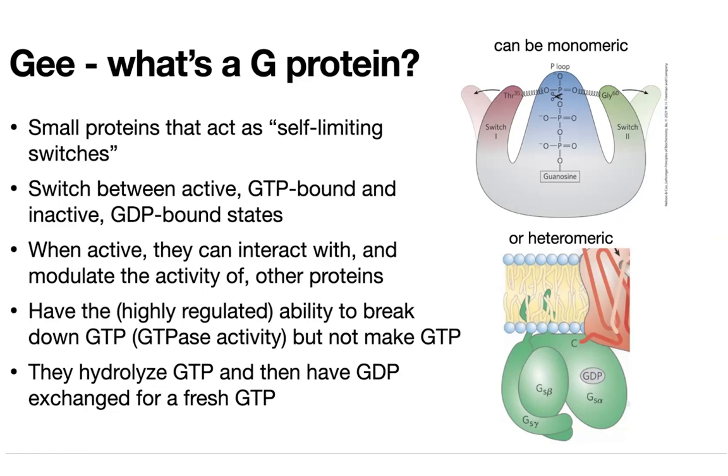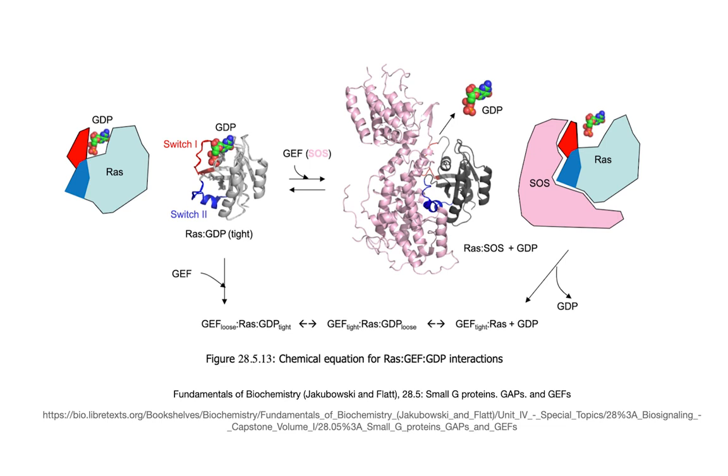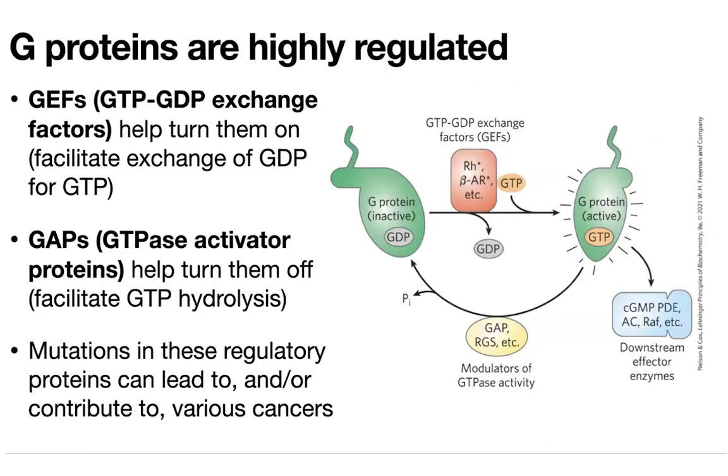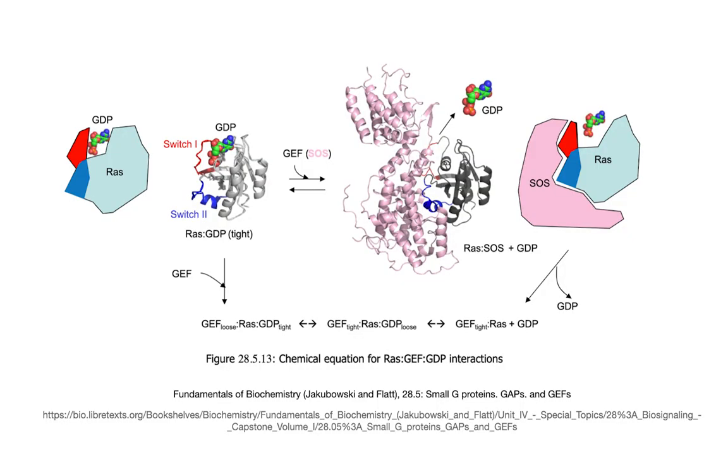Now, it needs to swap out that GDP for a new GTP. It can't make GTP. It can only break GTP. And it turns out that it holds tighter to that GDP. So once it inactivates itself and is holding onto this GDP, the GDP is bound in there pretty tight, and it has to get kicked out. The GDP gets pushed out with the help of a GEF, or GTP-GDP exchange factor, which helps exchange that GDP for a new GTP.